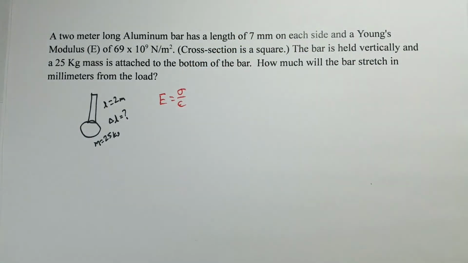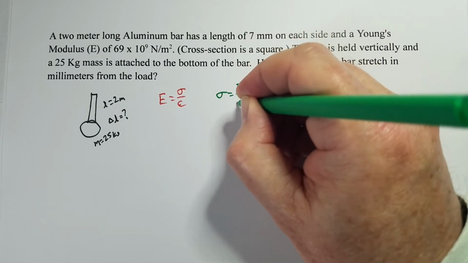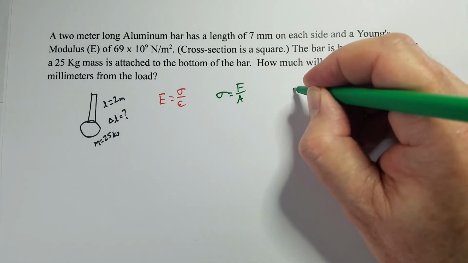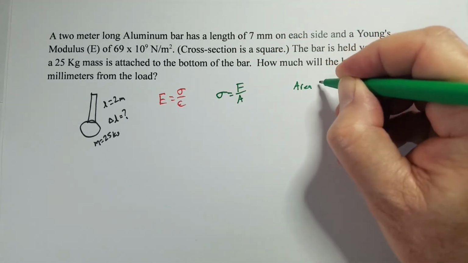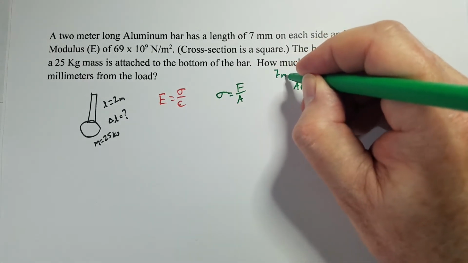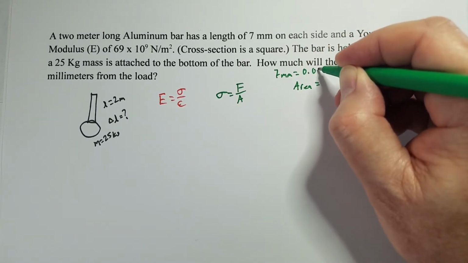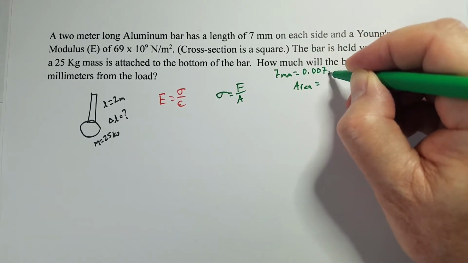And I still want to go ahead and start off by finding sigma, which is force over area. Again, I want to start with the area. We've got a side of 7 millimeters, which is 0.007 meters.